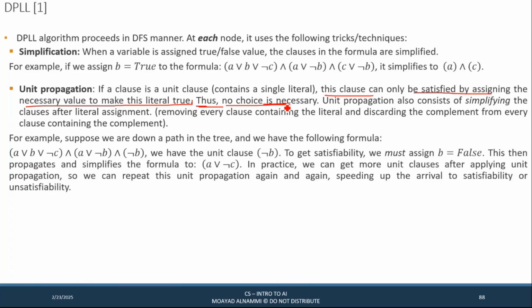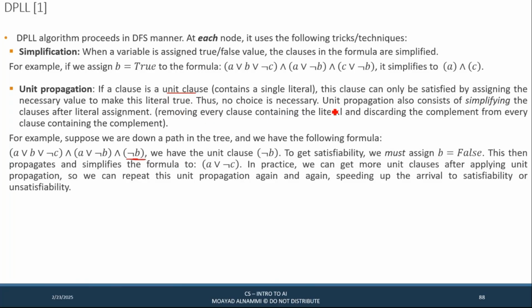Thus, no choice is necessary. So, for example, if you are looking at this formula here, this not B is a unit clause, right? And so there's only one way to make this unit clause evaluate to true. We need to take the not B and set B equals false, right? So whenever you have a unit clause, there's only one way to satisfy it, so do so.